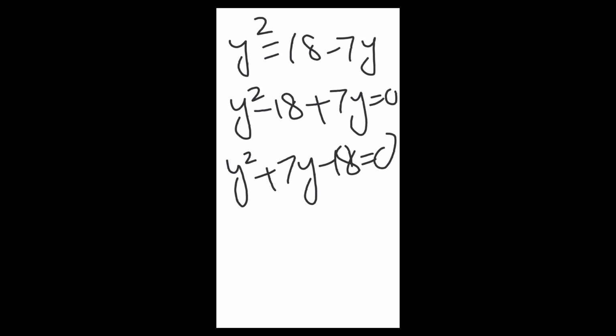If we multiply, we should get 18, and if we add or subtract, we get 7. So we're going to adopt that methodology again and make the factors. You just tell me the factors you have made. You can do it on your page.